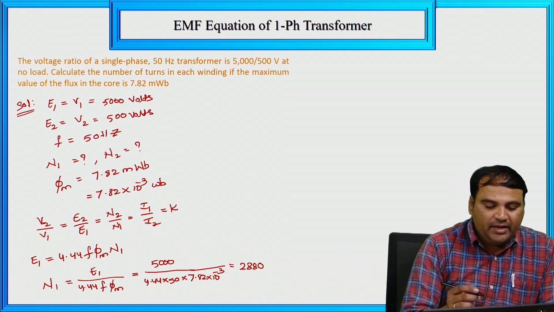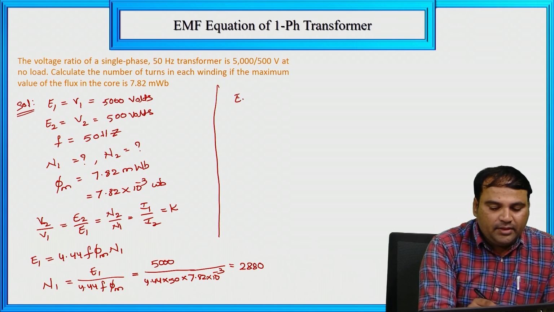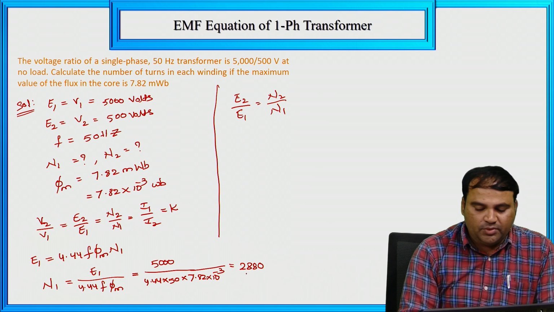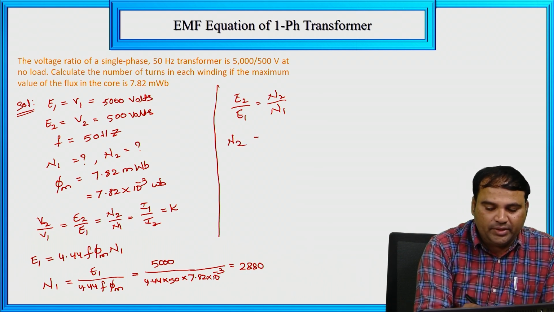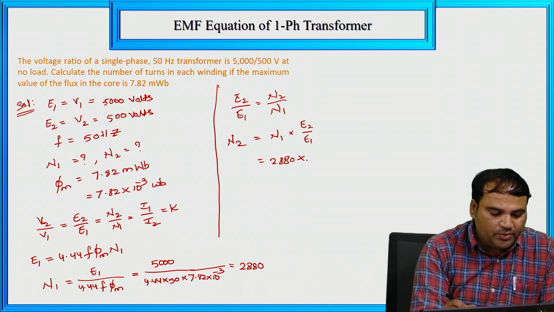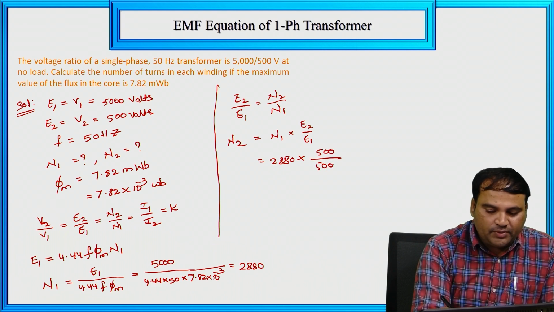Now for the secondary number of turns, we have to use the transformation ratio, that is E2 by E1 is equal to N2 by N1. So already we know the N1 value 2880. Now we need to calculate the secondary number of turns, that is N2 equal to N1 into E2 by E1. That equal to, what is N1? 2880 into E2 secondary induced EMF 500 divided by 5000.